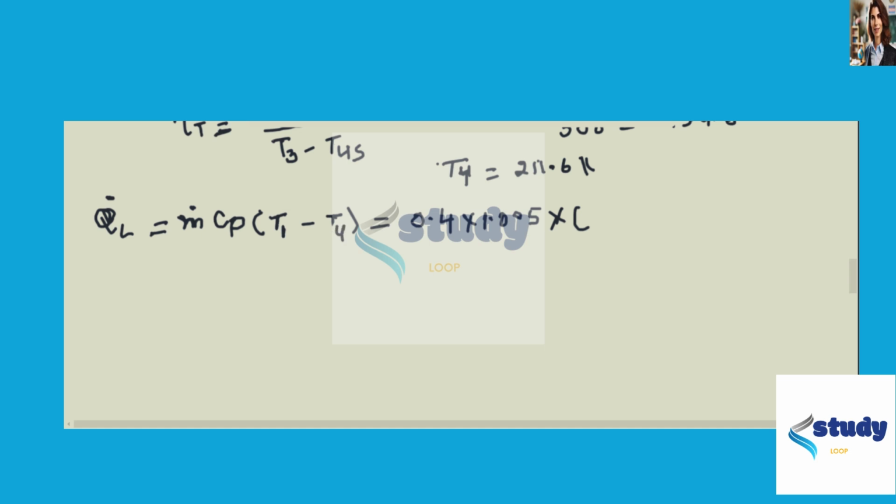At first state, its temperature is 273.2, and in fourth state it is to be 211.6. So you will get 24.74 kilowatt.